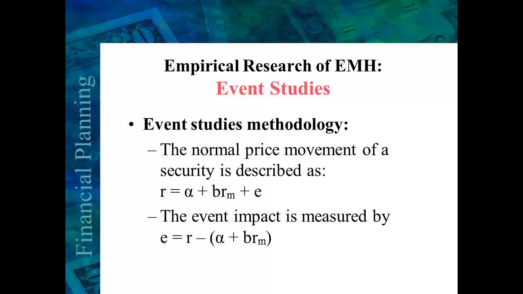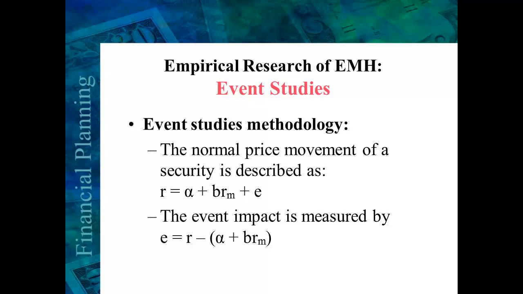A two-factor model describing the normal price movement of a security is: the return is equal to alpha plus the beta of the company times the return of the market plus a firm-specific factor, E. In this formula, the movement associated with the market is alpha plus the market return adjusted by beta. You've already learned about alpha, beta, and market return in earlier lessons. The firm-specific factor, E, is the focus of the study.